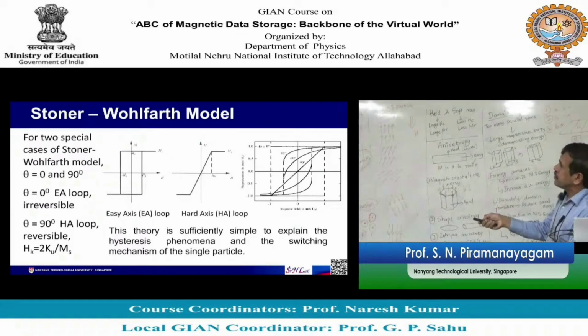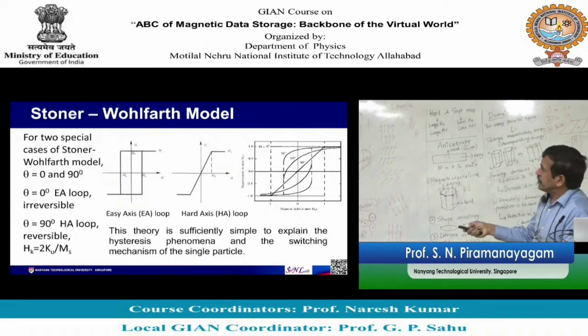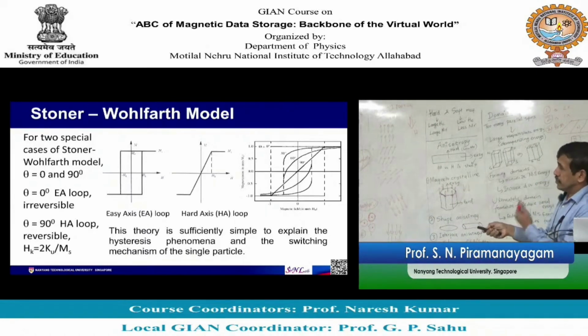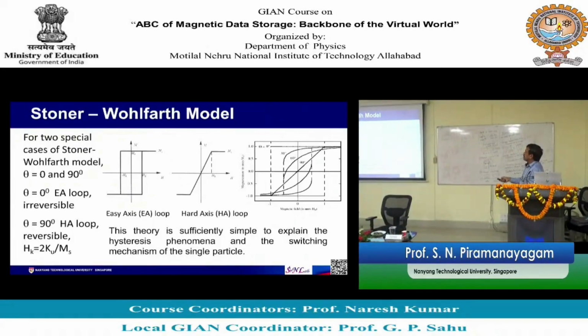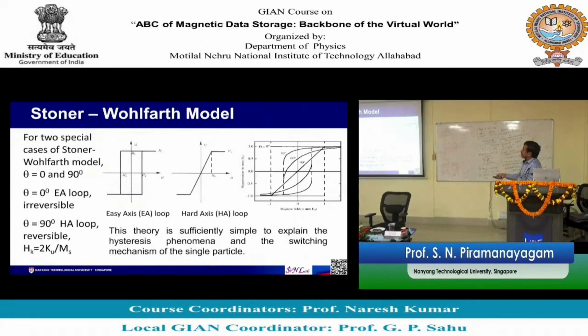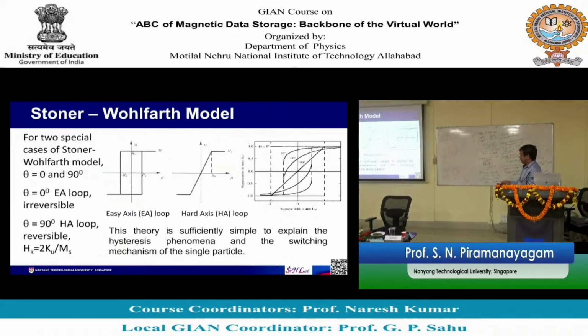So in the easy direction the hysteresis loop will look like this, and in the hard direction the magnetization will increase gradually, and at Hk the magnetization will saturate. So this is the easy axis loop of the Stoner-Wohlfarth model, and this is the hard axis loop, and this Hk is defined by 2Ku over Ms.